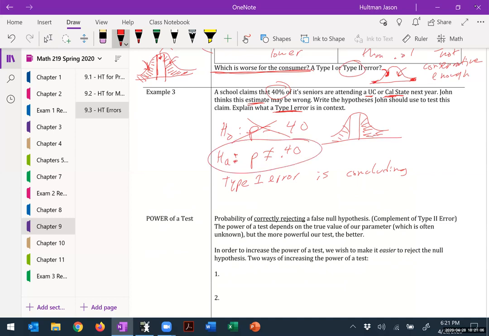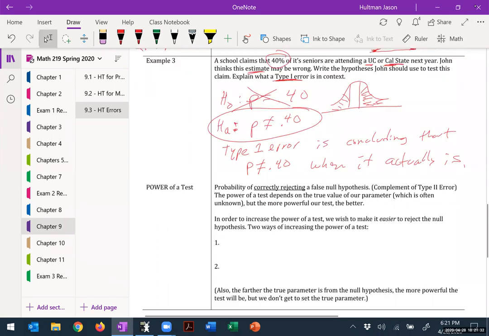We reject our H0. Type 1 error is concluding that the probability is not equal to 40% when it actually is. Okay, that's type 1 error. Type 2 error would be the opposite.